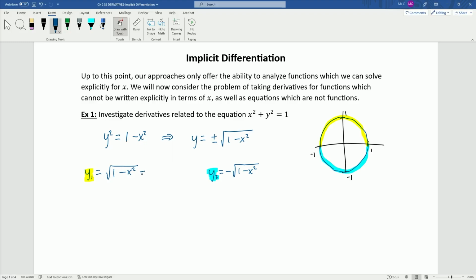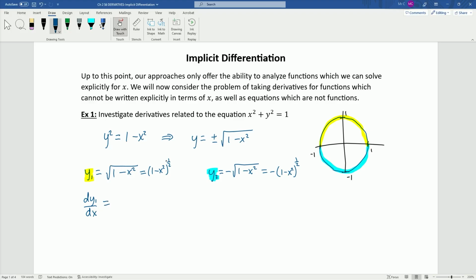Now I'm going to rewrite these slightly further as being to the 1/2 power. So this will be negative (1 minus x squared) to the 1/2 power. And then I'm going to take the derivative using the chain rule.